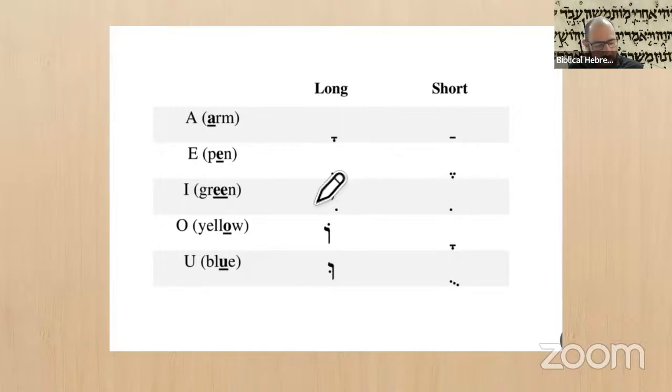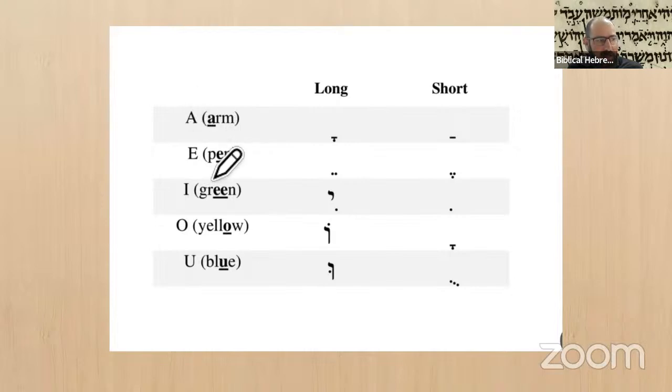Then the hirek is e, like green. And then we have the O, like yellow, the holem, a dot above. And then like blue, the shurek, oo, the long one, and the short one is oo.